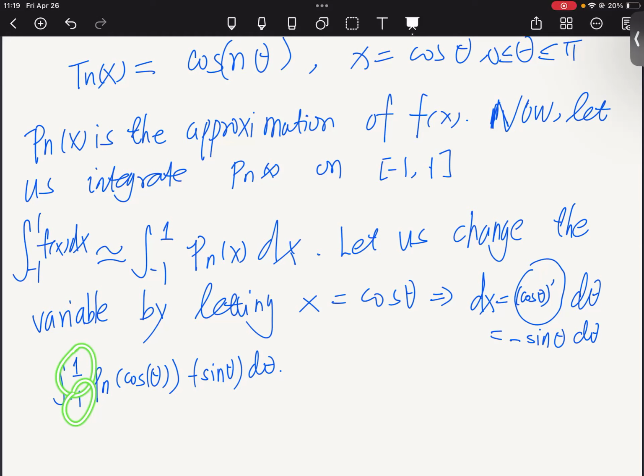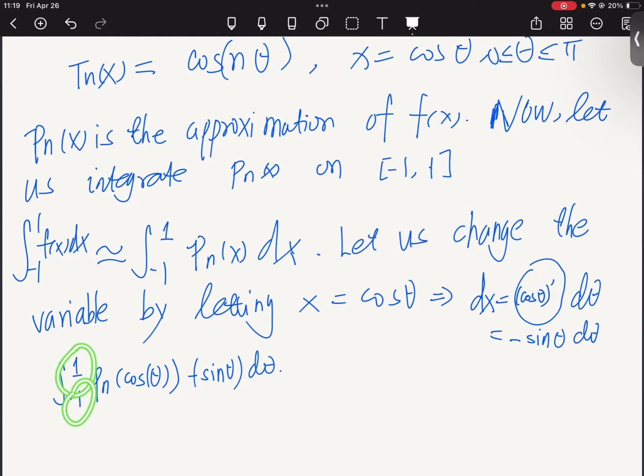Let's see the correspondence here, okay? For this mapping, when x equals 0, it corresponds to pi over 2.